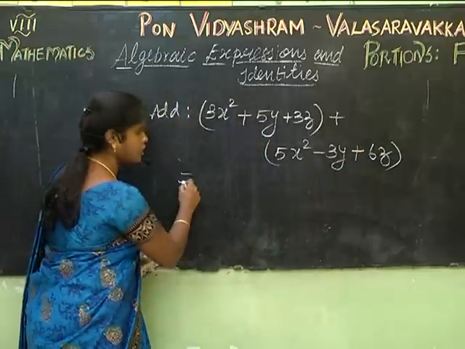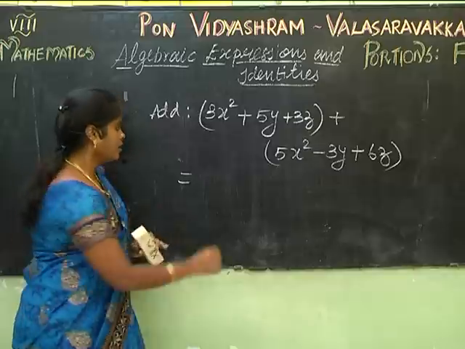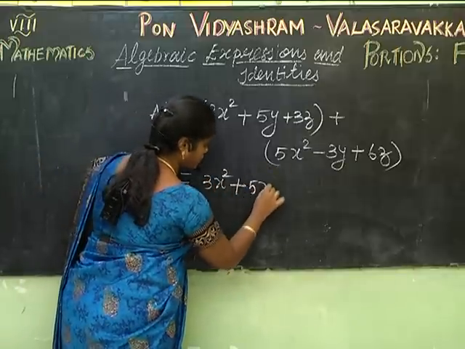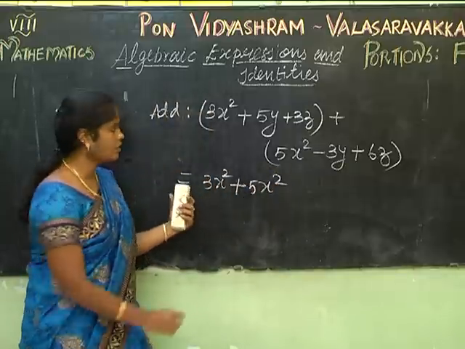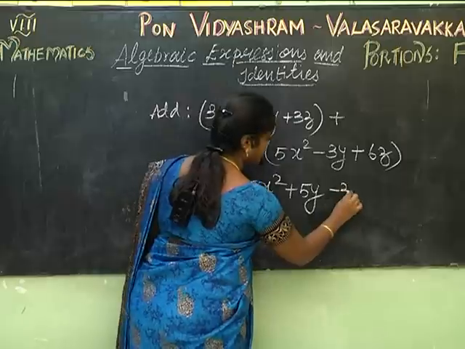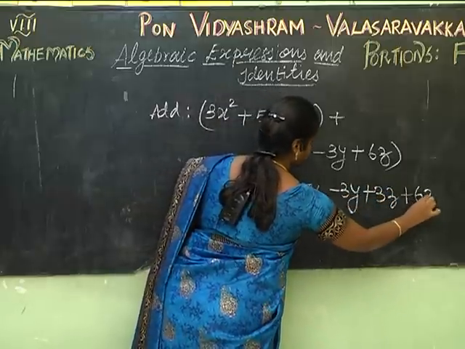So how to add these 2 expressions? First write the like terms together. See, 3x square plus 5x square, these 2 are the first like terms. Then take the second pair of like terms, 5y minus 3y. Then plus 3z plus 6z.